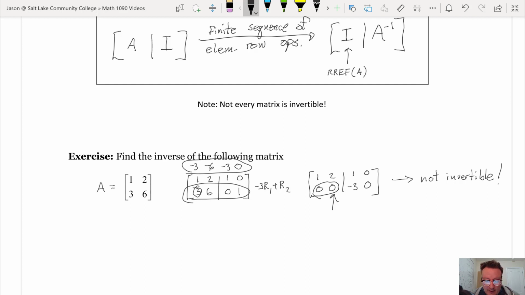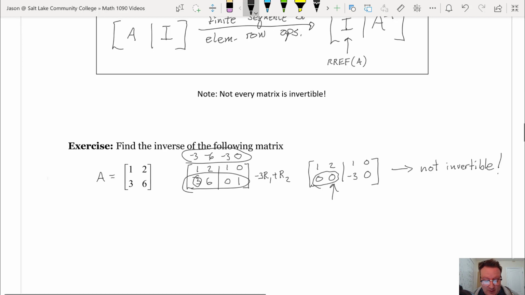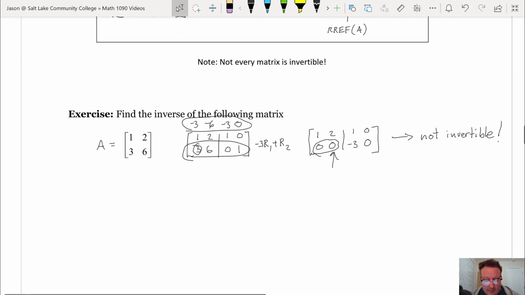That happens. And we'll see a simple little formula that helps us determine when a 2 by 2 matrix is invertible in a bit. But first, this is kind of disappointing. Our first attempt failed. So let's try another simple 2 by 2 matrix.